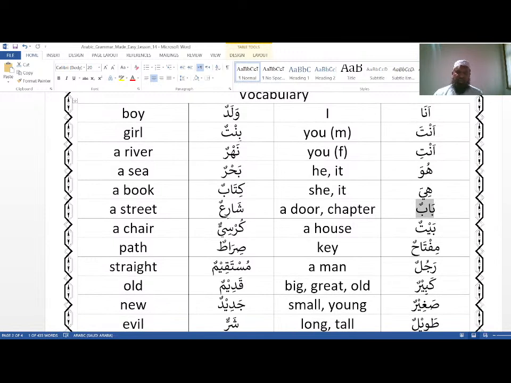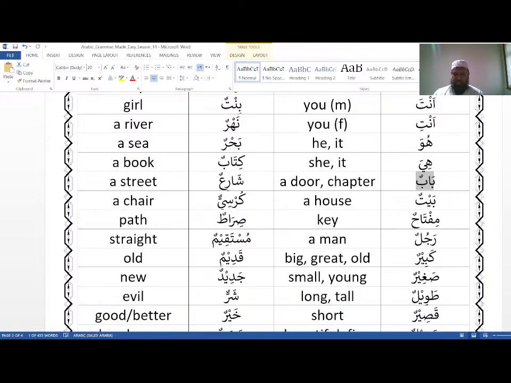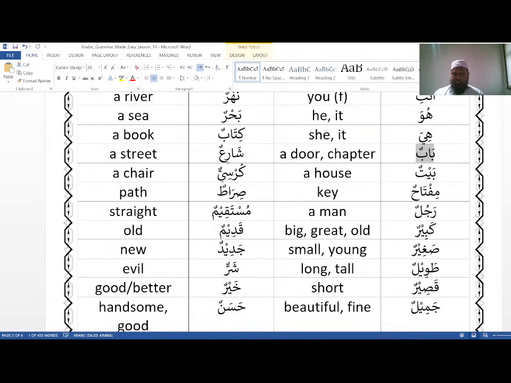Next, saghirun, small, young. Again, all these are description words. Make muannas by adding ta marbuta at the end. Tawilun, describing. Muannas will be tawilatun. Qasirun, short. Muannas, qasiratun. Jamilun, again a describing word. Something beautiful, fine.